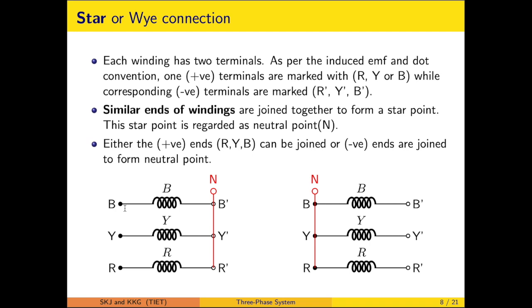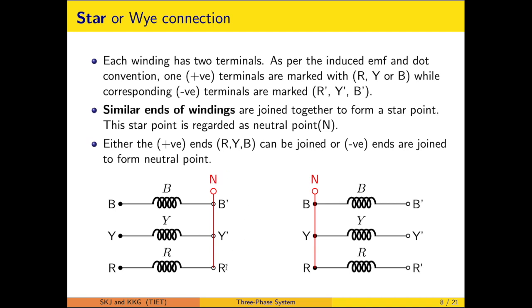The polarity, because of the dot convention etc., is such that R dash, Y dash, B dash come out to be of similar nature. So they are connected, and that is why it carries the name star. You can say S stands for star connection. You can also say that the similar terminals are joined, forming a new terminal which is regarded as the neutral.